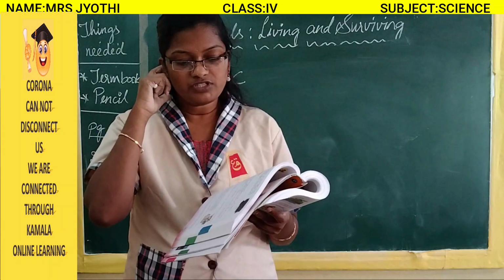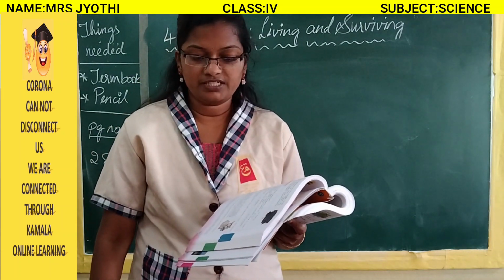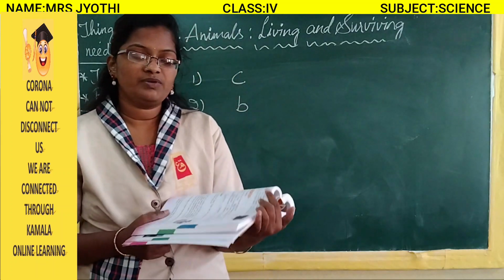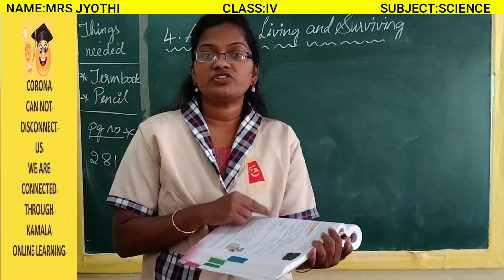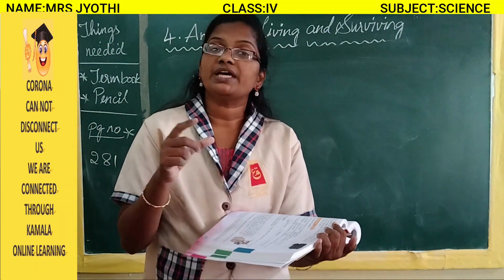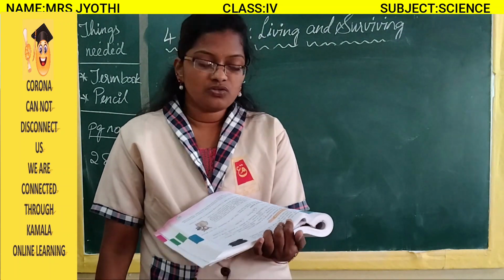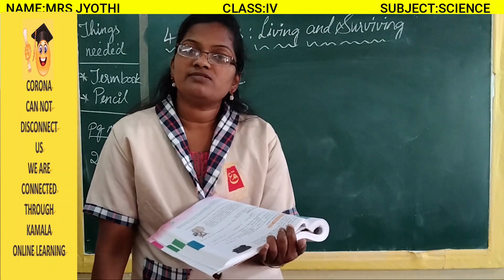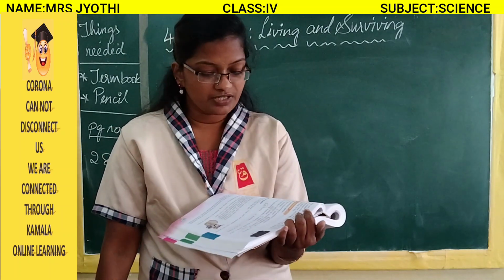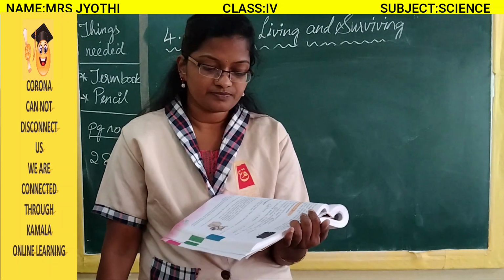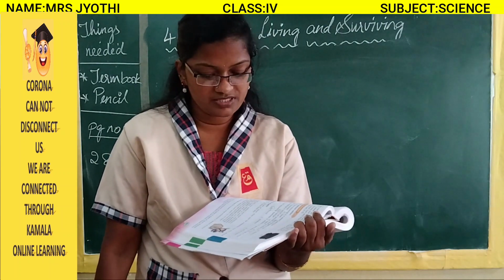And third one, which of the following features is absent in animals that live in polar regions? Polar region animals have adapted themselves. So which of the following features is not there in those animals, you have to find out. Thick fur. The animals which live in polar regions have thick fur. Then a hump. Hump is not present in the polar region animals.